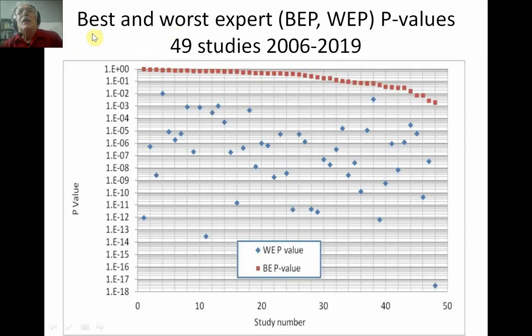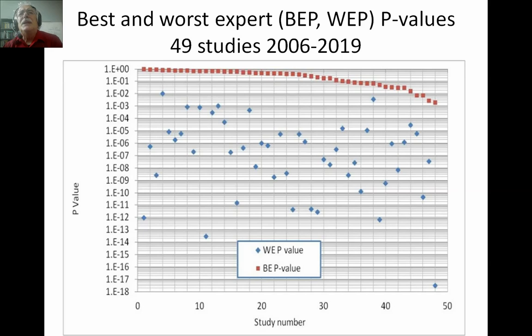Okay, before going further, let's just take one more look at the overall data. This is data from 49 studies completed between 2006 and 2019. And we plot the most accurate expert statistically as these red dots up here, and the least accurate experts down here.